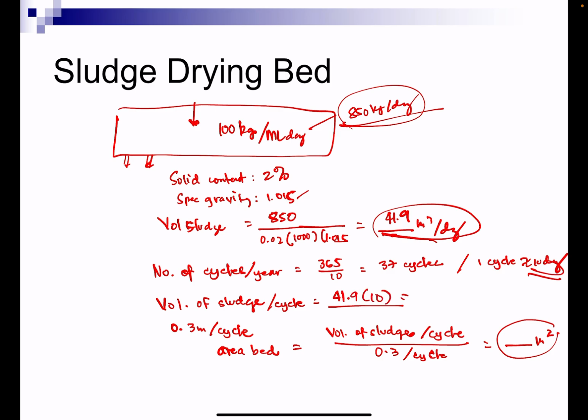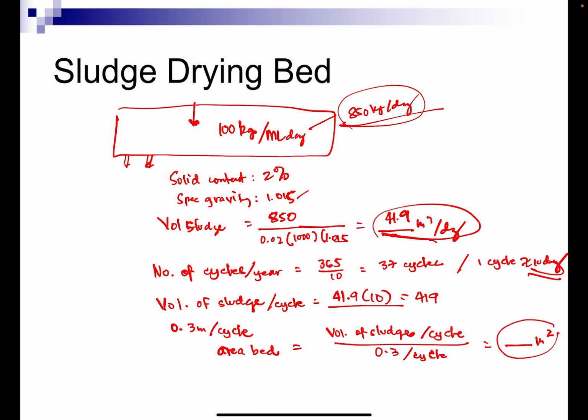So you get 419. The 419 divided by 0.3 gives a value of 1397.